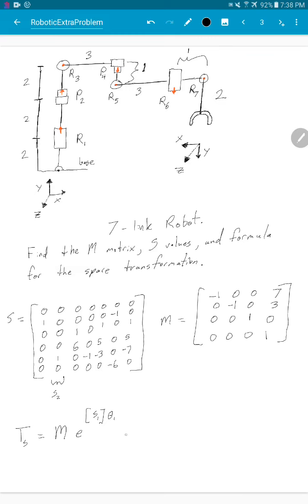You can look up the bracket notation if you haven't seen it before. And you basically just do that for each joint. And that's how you get this formula for the transformation.